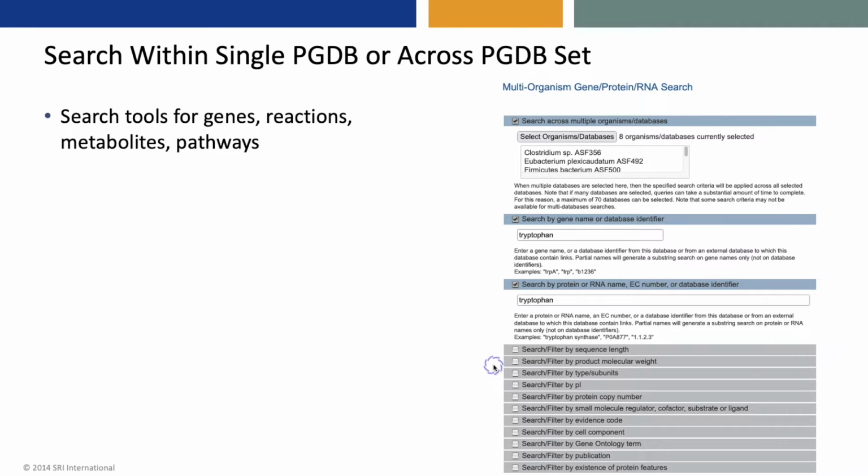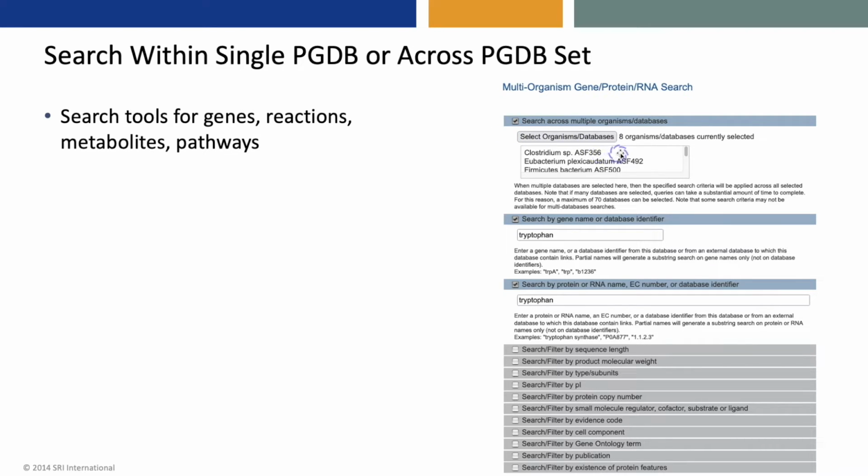For example, the user can search or filter by sequence length, by the subunits of a protein, or filter by whether we're searching for a protein or a tRNA or an RNA gene product. We can filter by protein copy number if that's known, by small molecule regulators or cofactors that the protein makes use of, etc. In addition, we can specify whether we want to search against a single PGDB, a single genome, or against a set of genomes.